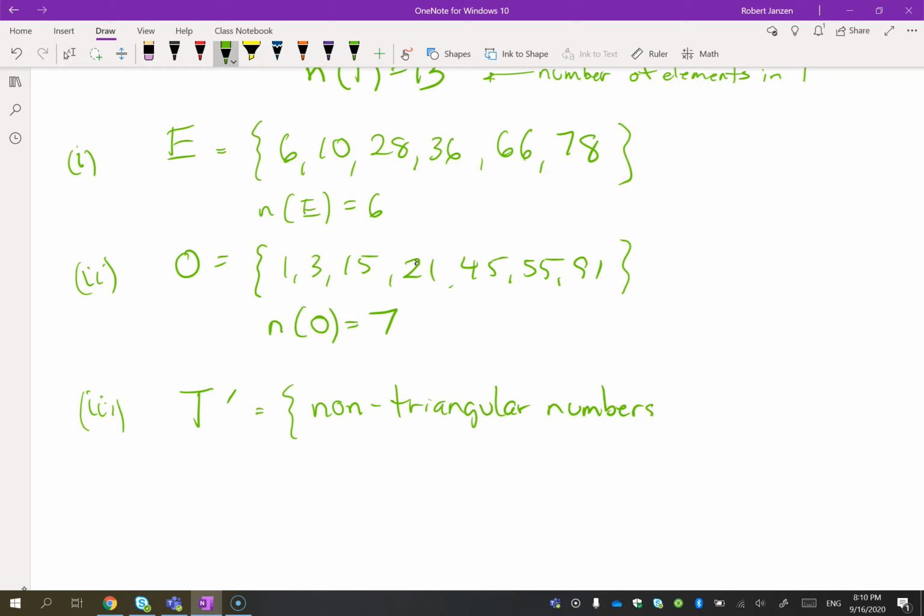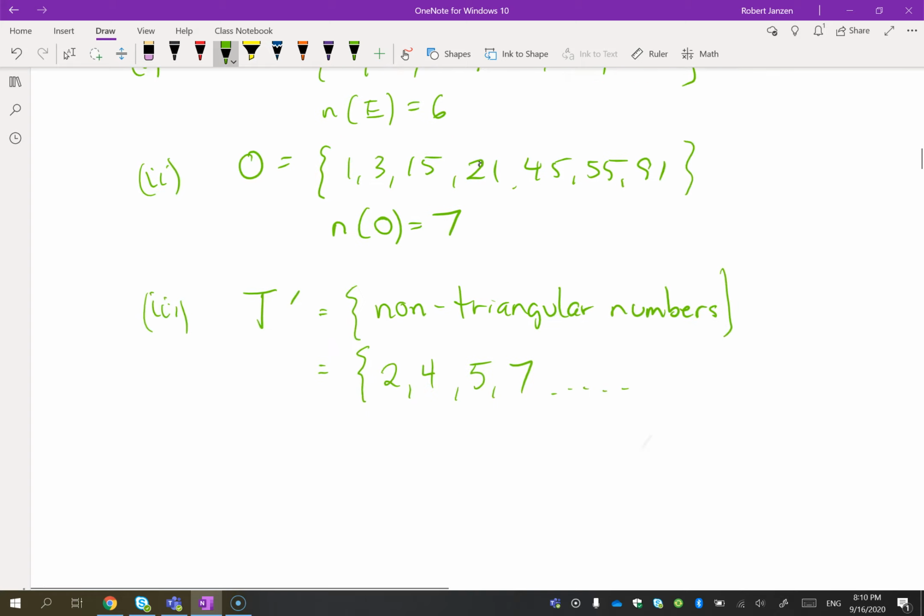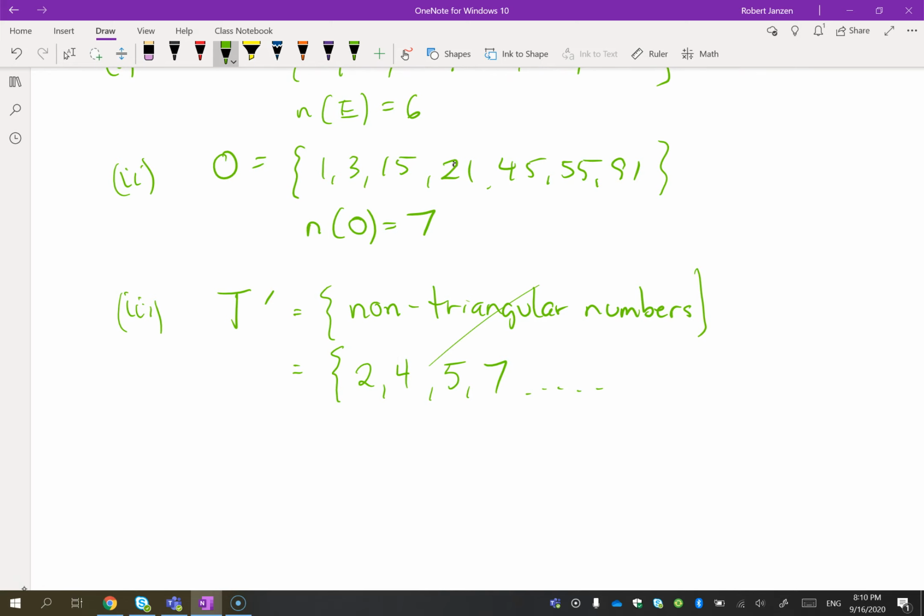Are we going to write them all out? Well, there's a bit of a shortcut to this. I mean, we know that there are 2, 4, 5, 7. These are all the ones that are not listed. But there's an easier way to do that in this case, and that's to use some set notation.